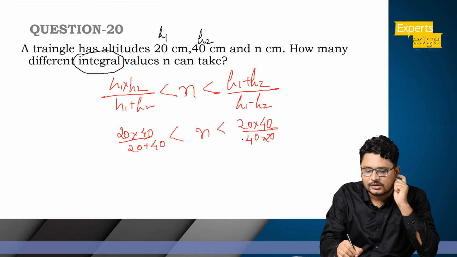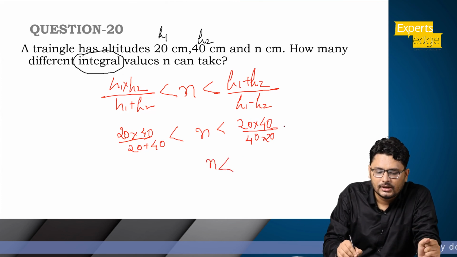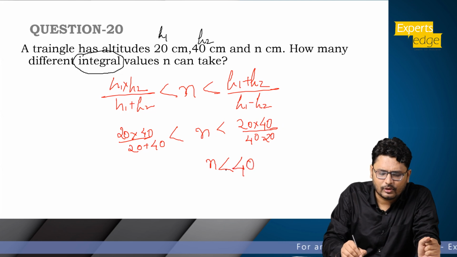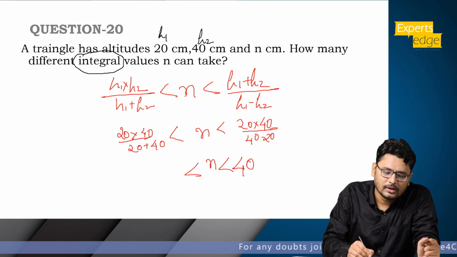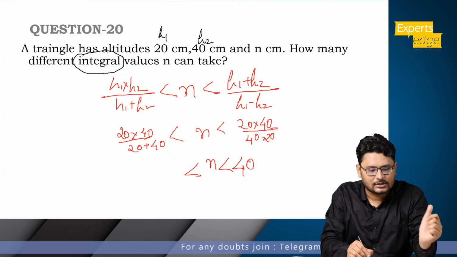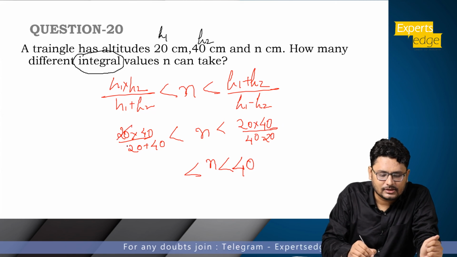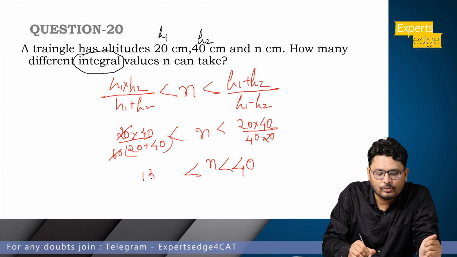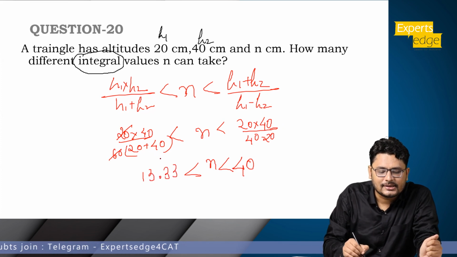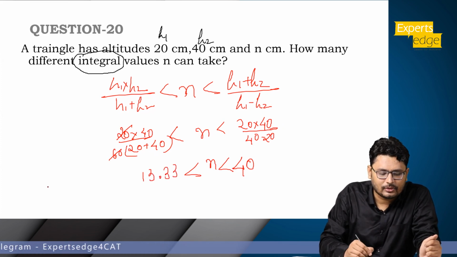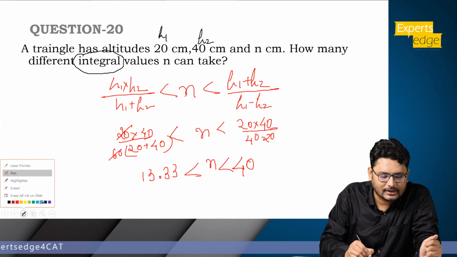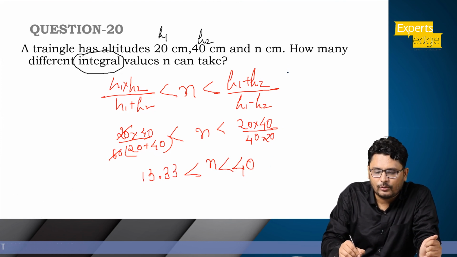If you solve this, how much does n come out to be? This is 20, and the other will come out to be 40. So n should be less than 40, and the lower value is 20 into 40 upon 60, that is 13.33. But as he is asking for integers, decimals are not needed. So the lowest value n can take is above 13.33, that is 14.